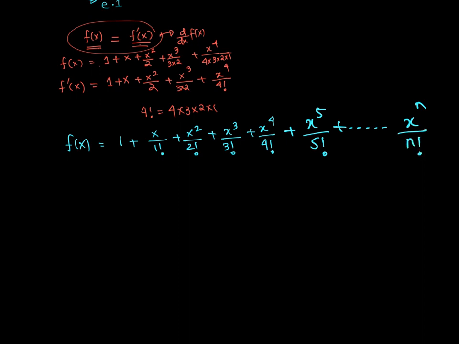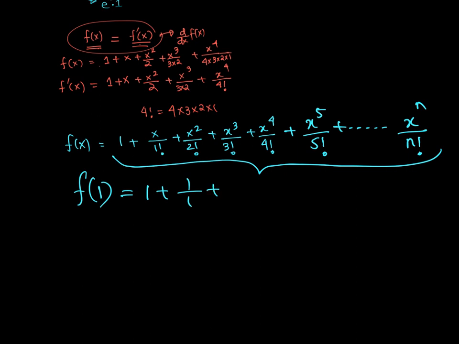And this whole series that we have just written over here, if you, let's say, plug f of 1, so you're gonna put 1 in every place where x appears, so you're going to write it as 1 plus 1 by 1 plus 1 by 2 plus 1 by 3 factorial plus 1 by 4 factorial plus 1 by 5 factorial, plus it's going to continue forever till 1 by n factorial, right?